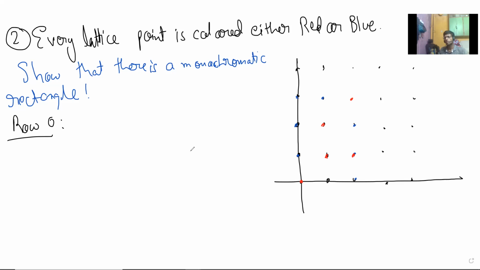At least twice, and you can say infinitely many times, but yeah. So at least some color comes at least twice. So we can just say, assume that red appears at least twice.